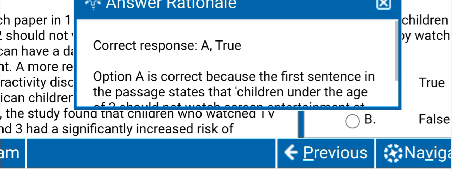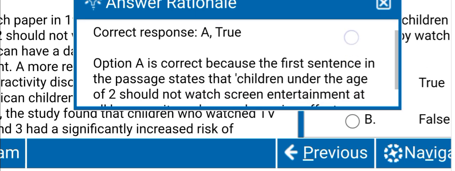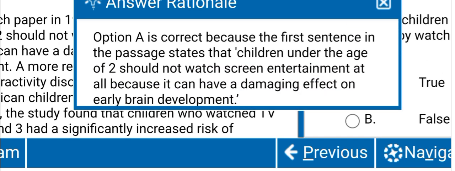The correct response is option A, which is true. Option A is correct because the first sentence in the passage states that children under the age of 2 should not watch screen entertainment at all because it can have a damaging effect on early brain development.